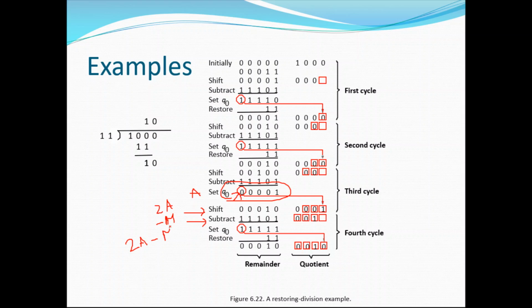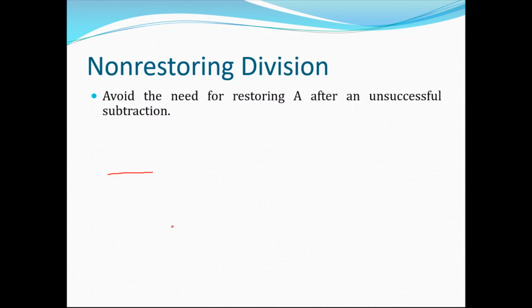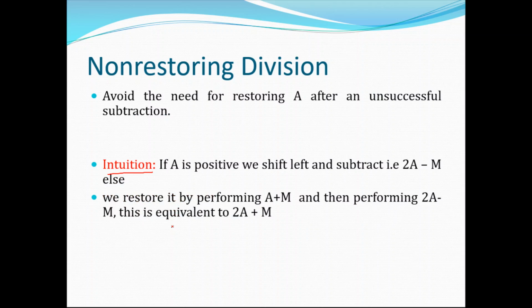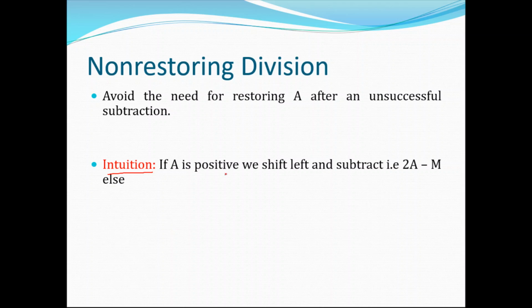Because a is the actual number, you are left shifting, which is equivalent to multiplying by 2, then you subtract m from that, which is nothing but 2a minus m. So that's what this statement says: if a is positive, we left shift and subtract m, that is 2a minus m.